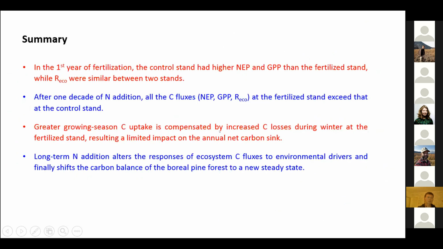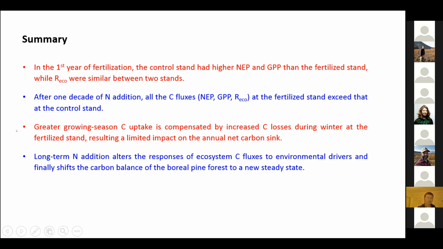Okay, some summary points. In the first year of fertilization, the control stand has both higher NEP and GPP, but similar respiration to the fertilized stand. And after 1 decade of nitrogen addition, all the carbon fluxes at the fertilized stand exceed that of the control.